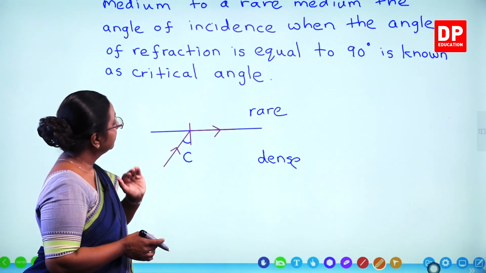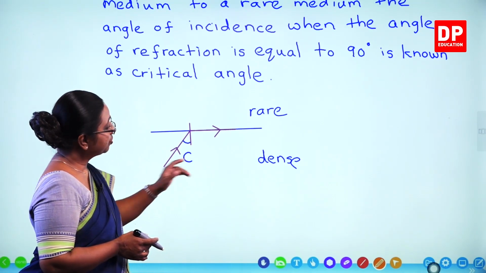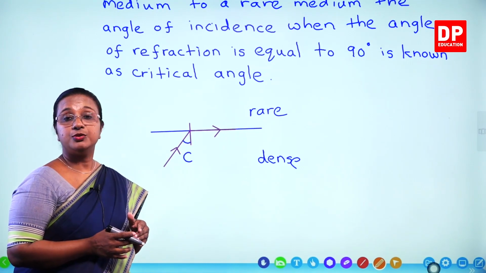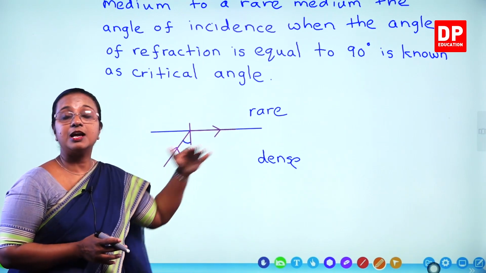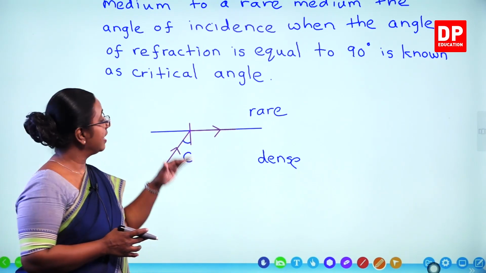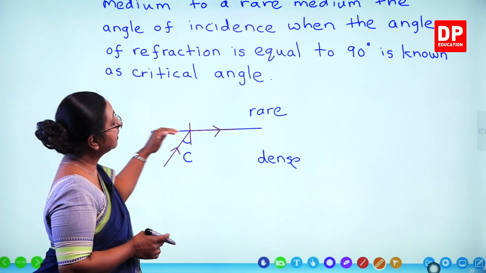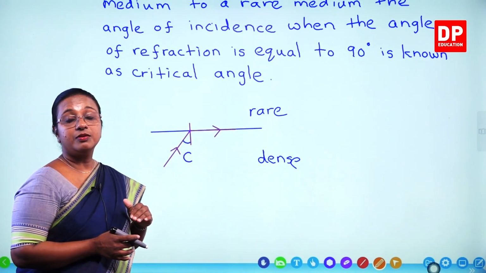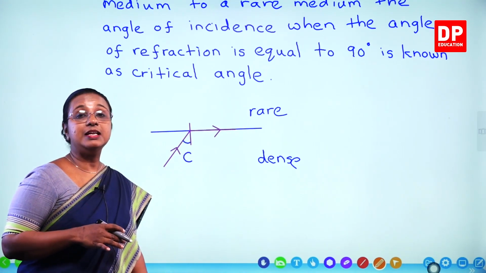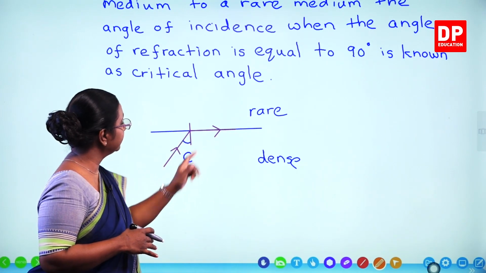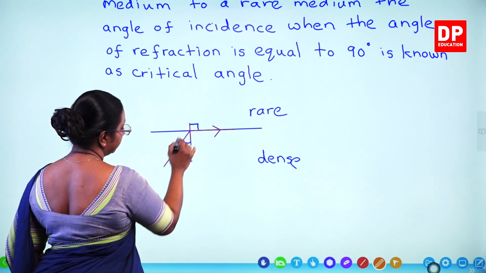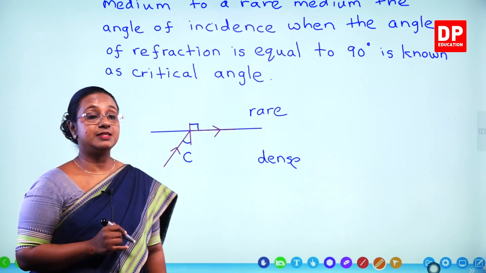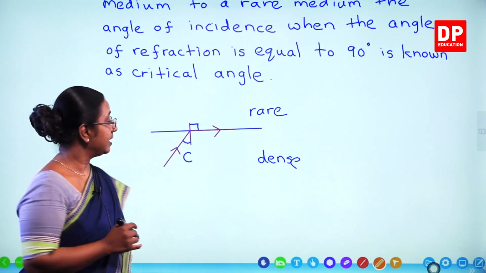When a light ray is going from a dense medium into a rarer medium, you increase the angle of incidence, the angle of refraction increases, and at one point the refracted ray goes along the interface. That is, this angle is 90 degrees. At that point, the angle of incidence is known as the critical angle.